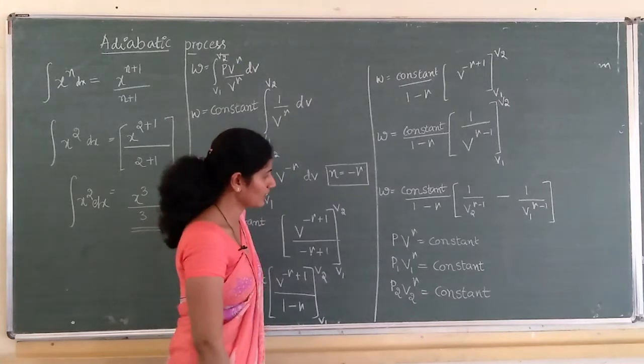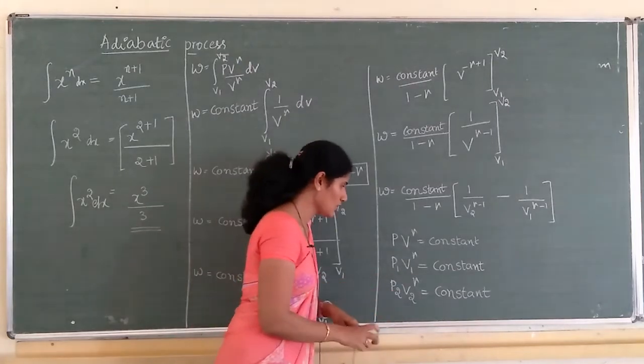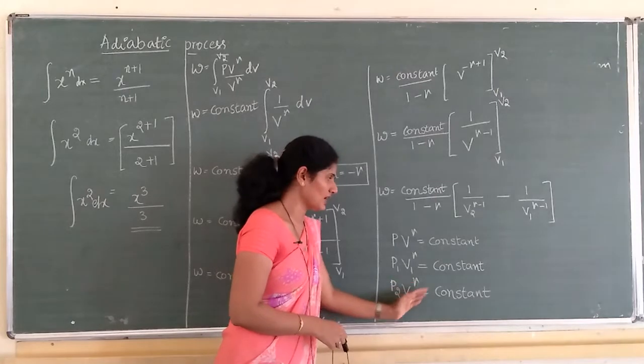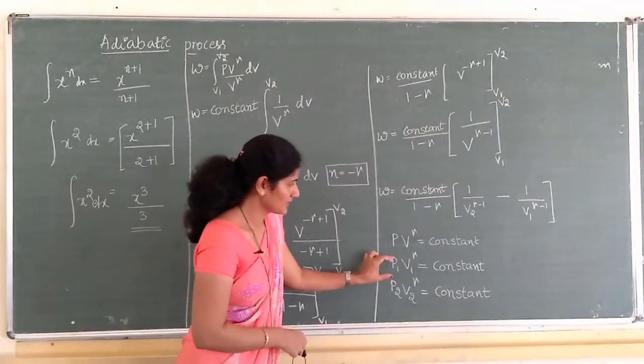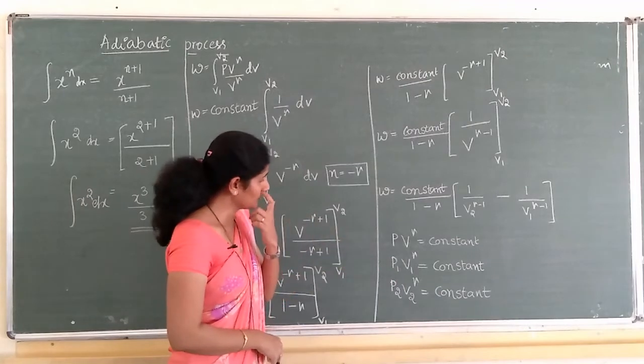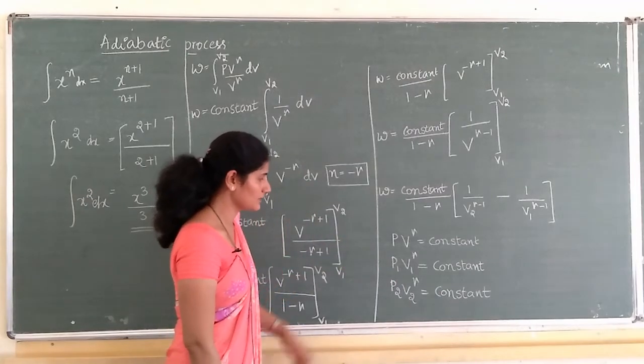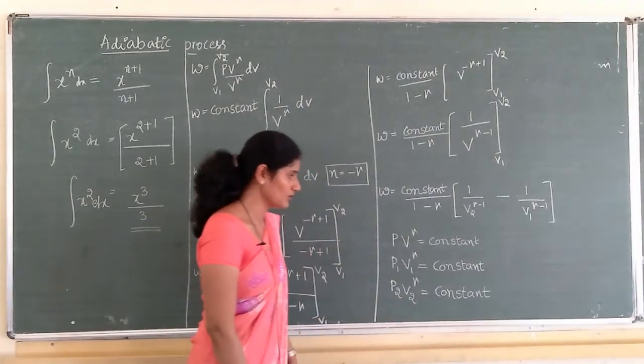p1 v1 to the power gamma is equal to constant, or p2 v2 to the power gamma is equal to constant. Same equation can also be written like this.